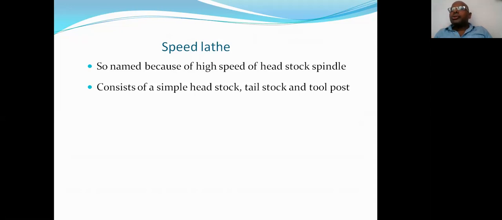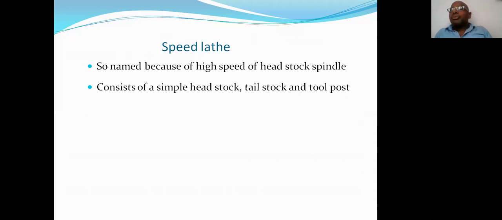If the L by D ratio is more than 4, that means the length of the job is more than 4 times the diameter. As we discussed, this speed lathe is used for processing small components, so generally the size is small. If its length is large, the L by D ratio is more than 4.